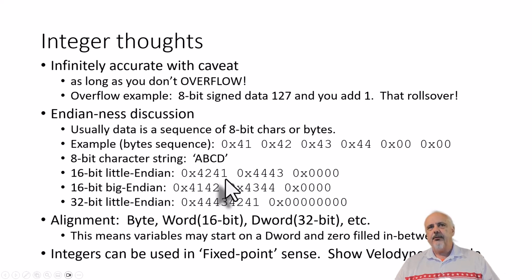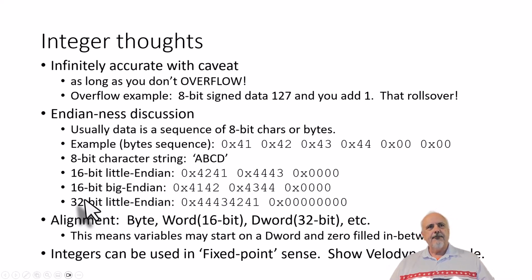The A is going to be the low byte. The B is going to be the high byte. The C is going to be the low byte of the next 16-bit word. And the D is going to be the high byte. I think I said that right, with all the bits and nibbles and bytes and words.